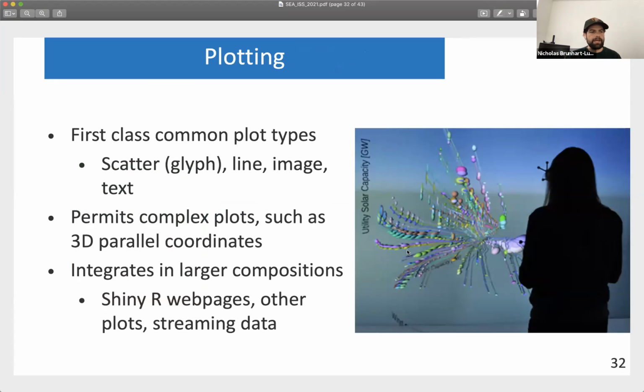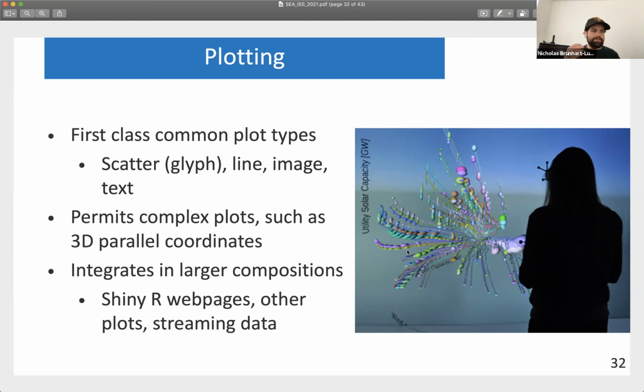So with Plotty VR, we support as first class the common plot types. We've got scatter with certain glyphs, line plots, images, and text, which sounds remarkably simple. You think, ooh, immersive, there should be something really flashy and fancy, but people don't want that. They want the simple things that they know, that they can easily use. And when you take these simple components, our users have actually turned them into even more complex things.